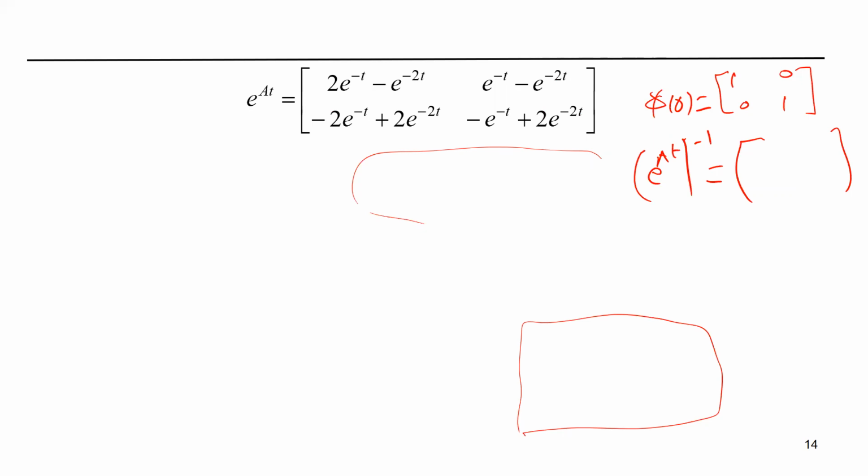Replace each t by -t. So basically, e^(-t) minus e^(-2t) and so on.